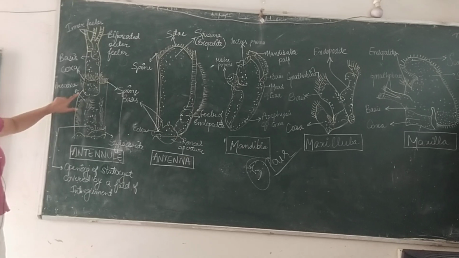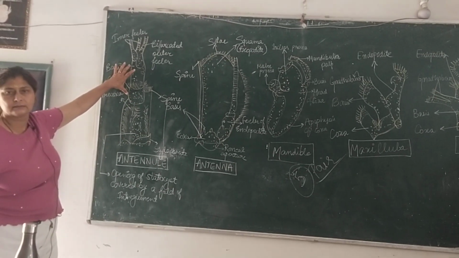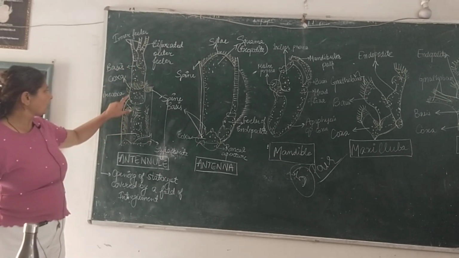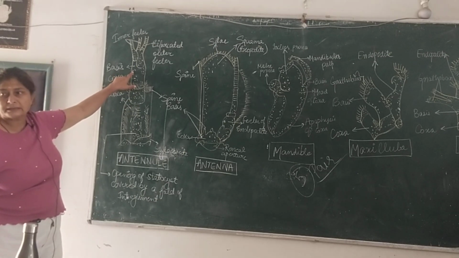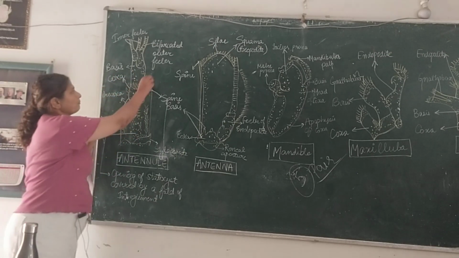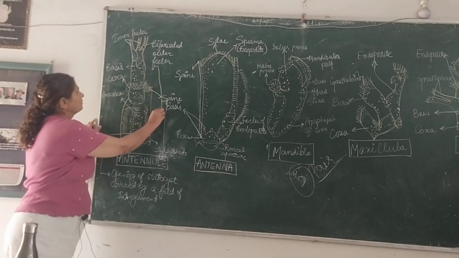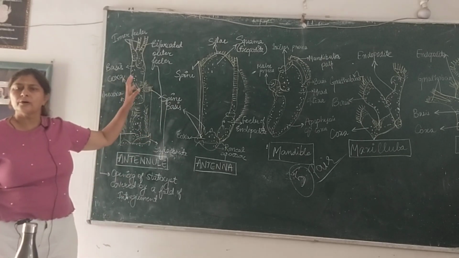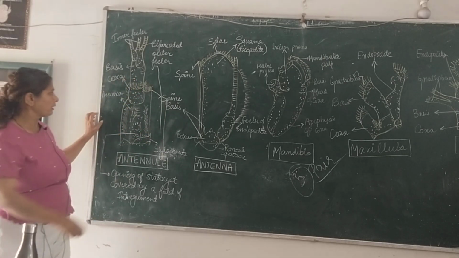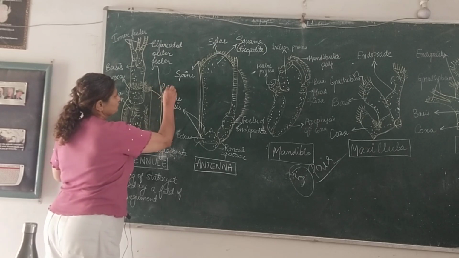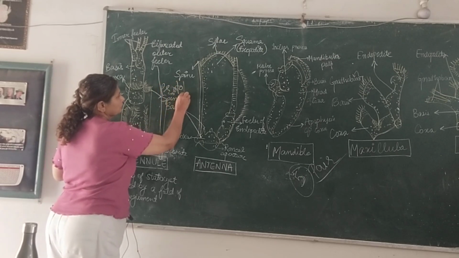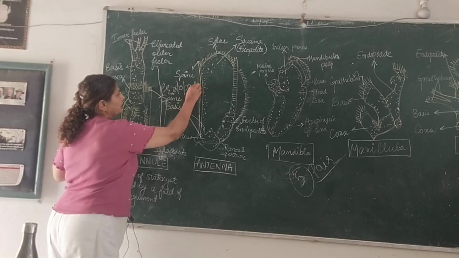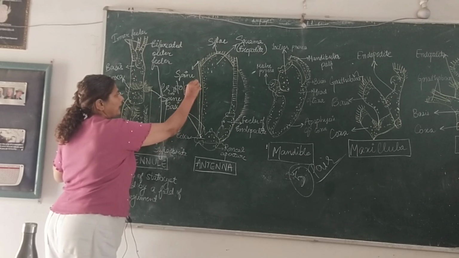This is precoxa, coxa and basis. Precoxa, coxa and basis are the parts of the protopodite. Write that down, protopodite, which is not written in your book diagram.